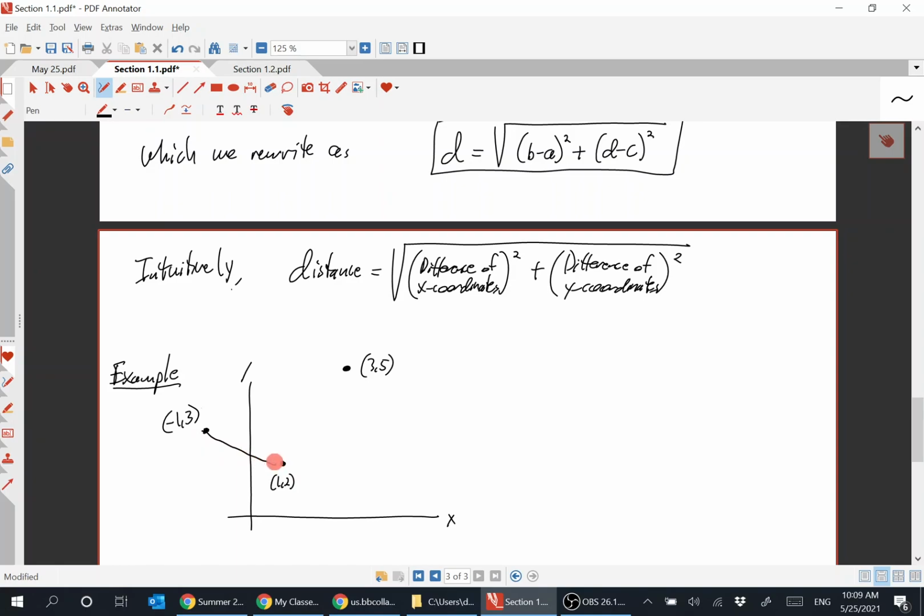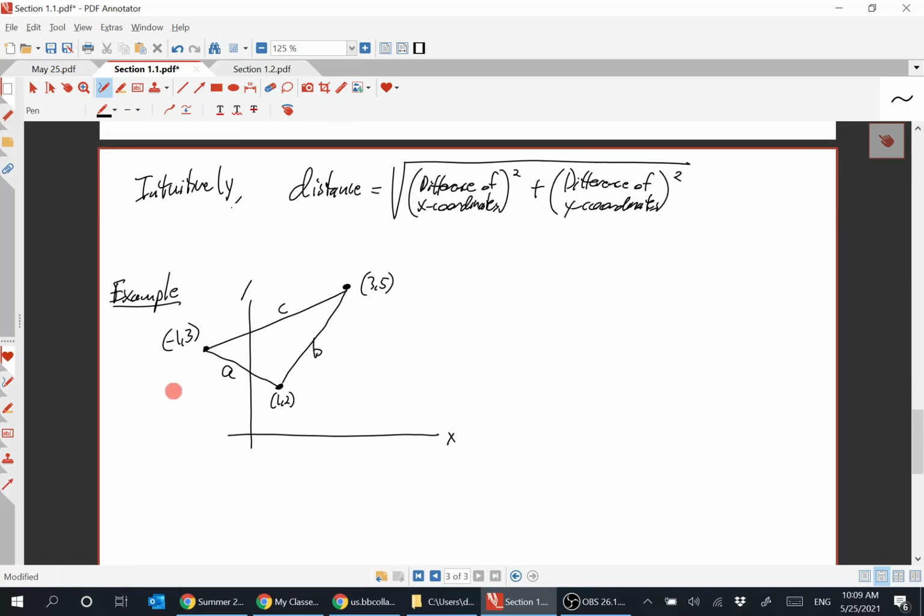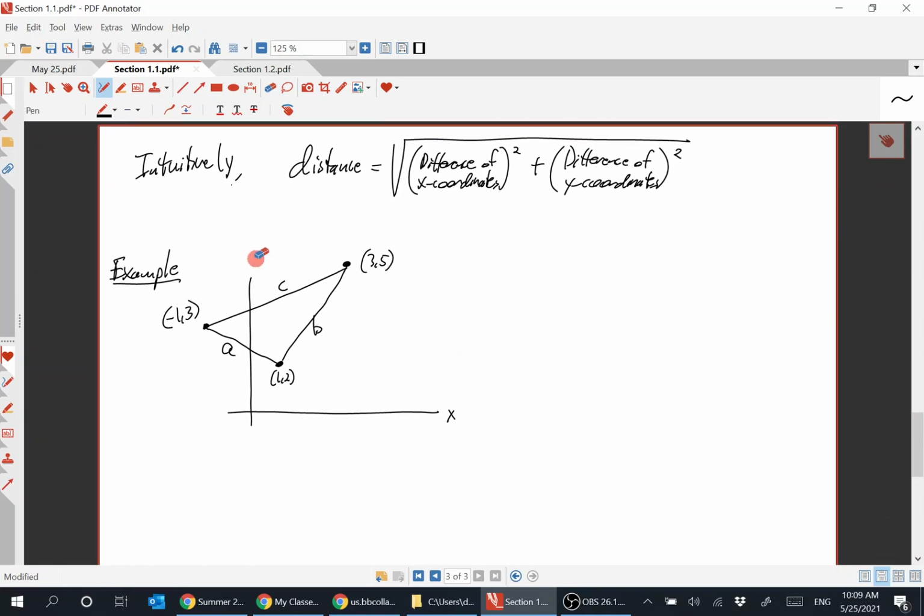So let's find this distance, and that distance. So we'll call this distance A, call this distance B, and call this distance C. Okay? So the distance A is equal to the square root of the difference in the x coordinates. So here the x coordinates are -1 and 1. So you take the difference of -1 and 1.